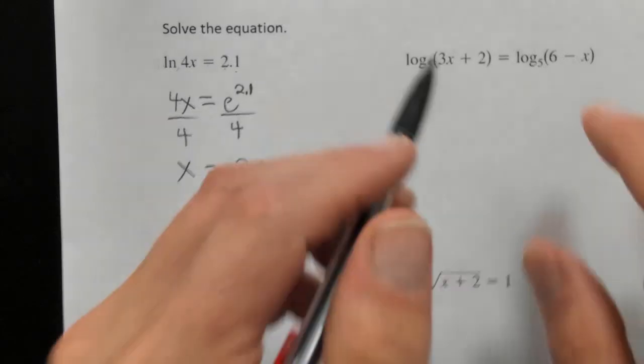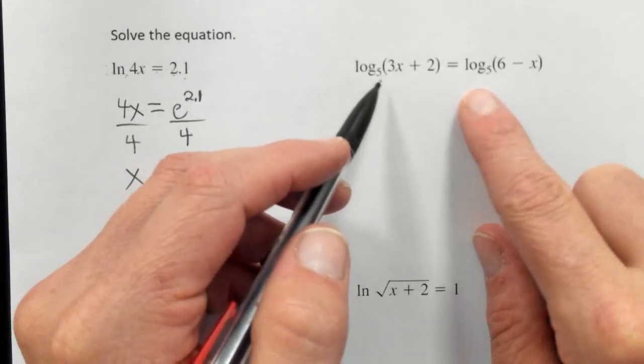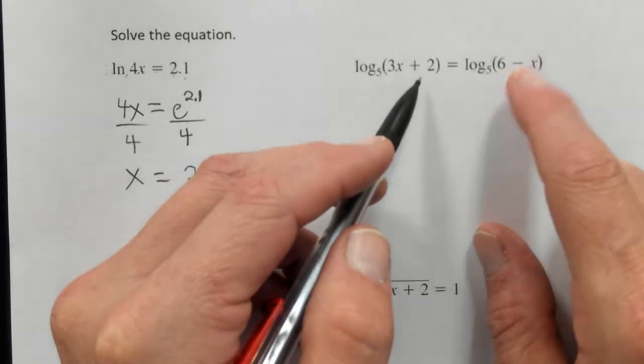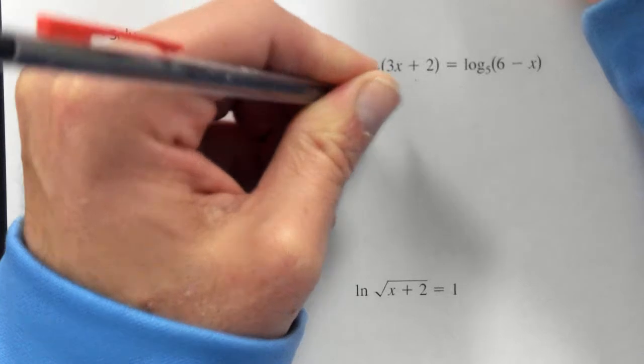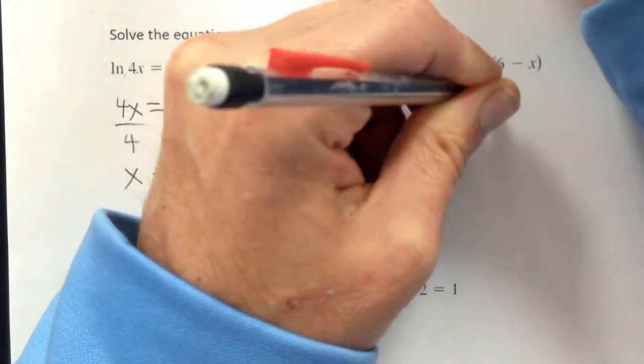All right, so next one. So what do you notice about this? We should be able to notice very quickly that the bases are the same, right? Which means this part is the same. So now this just simply becomes 3x plus 2 equals 6 minus x.